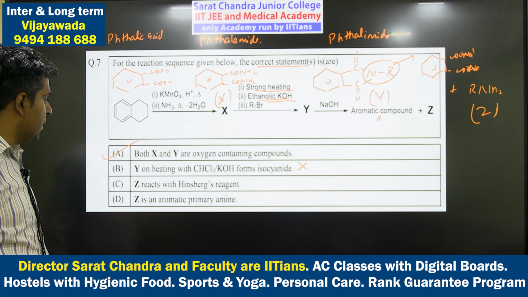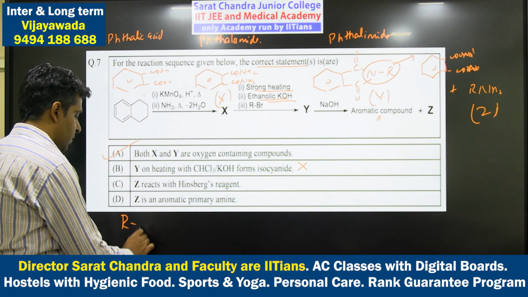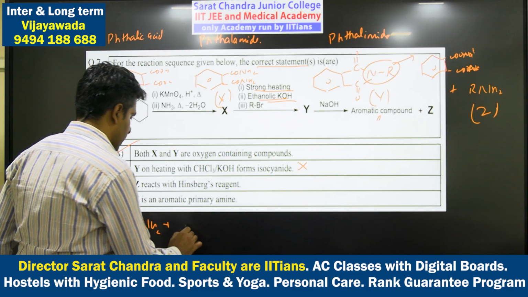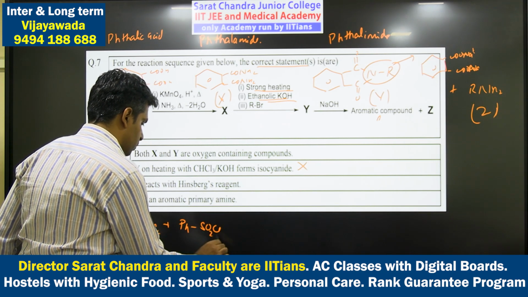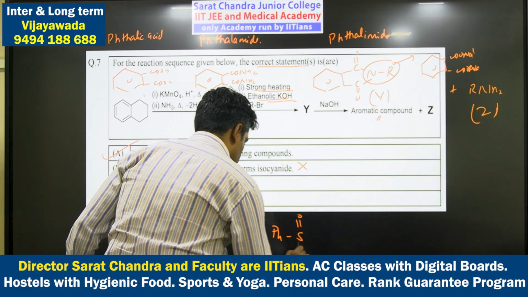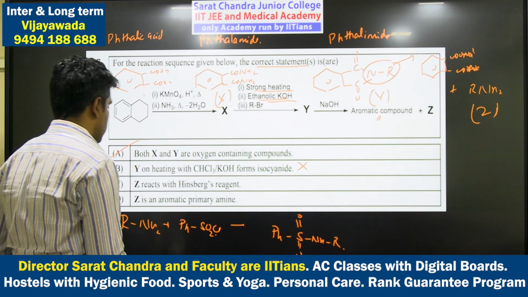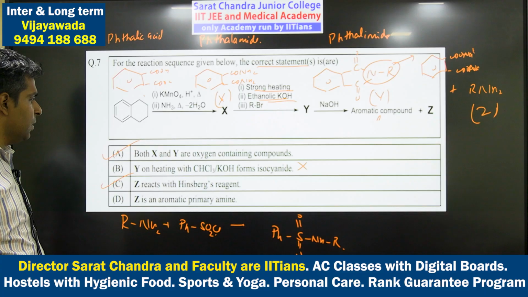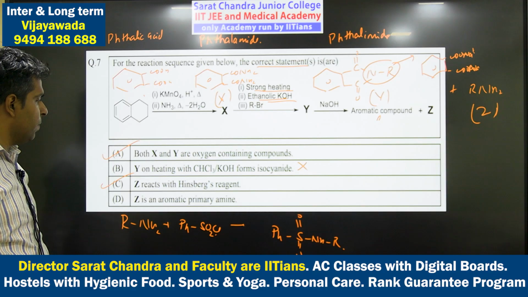Now Z reacts with Hinsberg reagent. Z is a primary amine, so it can react with Hinsberg reagent, C6H5SO2Cl. Primary and secondary amines react with Hinsberg reagent. This is the test to distinguish between primary, secondary and tertiary amines.